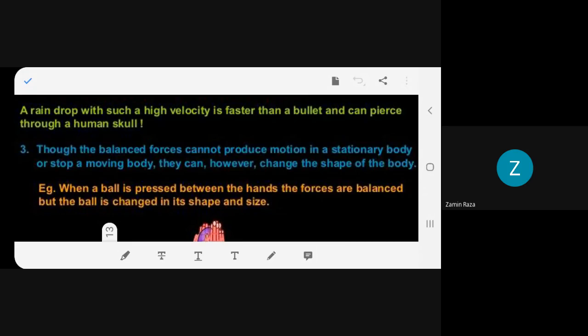So now you understand what's going to happen. If only the force of gravity is applied on the raindrops, we all will die. One raindrop is going to be more than a bullet. It can make a hole in our skull. Can you imagine with such a force it's going to come down?